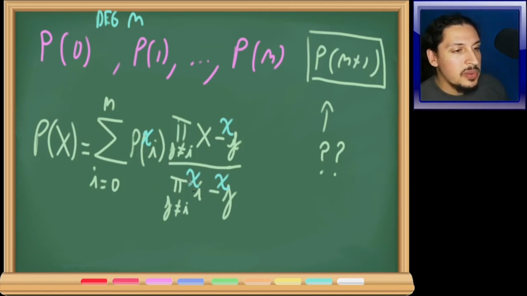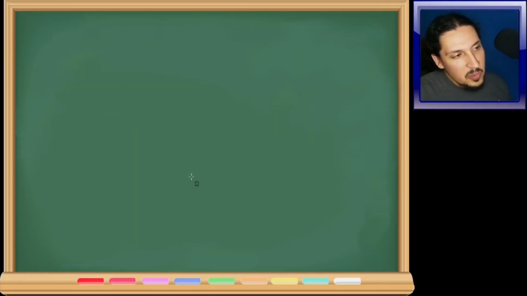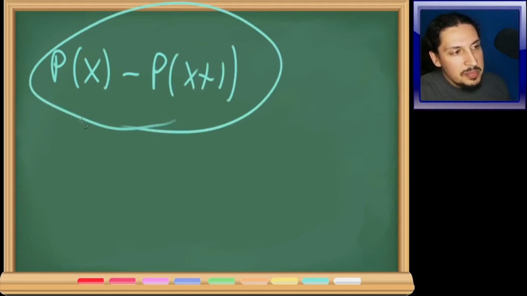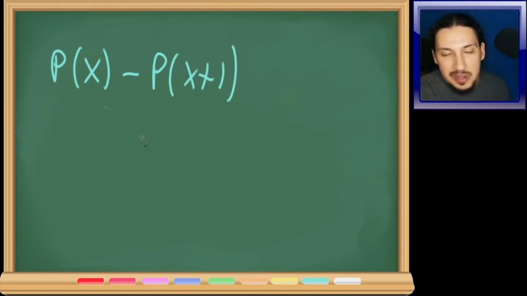Well, you can use an interesting way of thinking, and I think it's worth knowing this trick. Remember that if you have a polynomial of degree n and you compute p(x) minus p(x plus 1), this will be a new polynomial, basically the difference polynomial. It's like the derivative, so to speak, because it looks at the differences. But this one will have degree n minus 1, so the degree decreases by 1. Why?